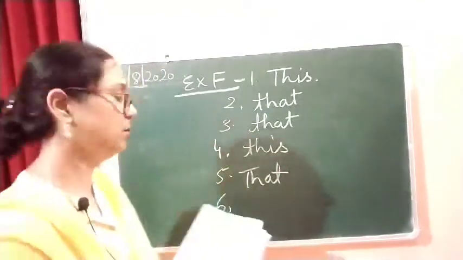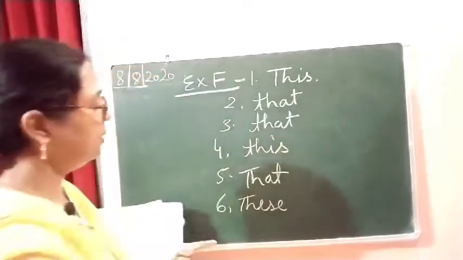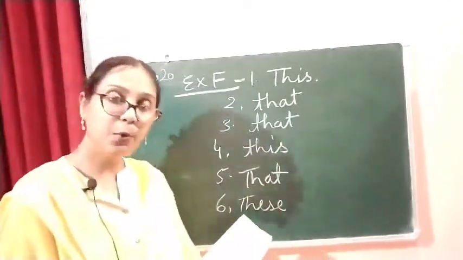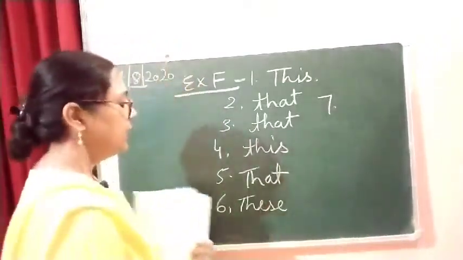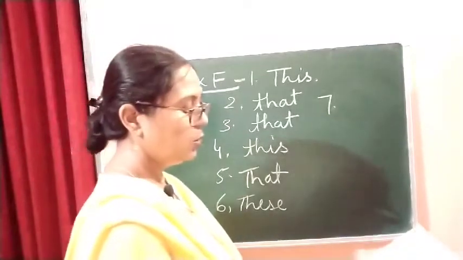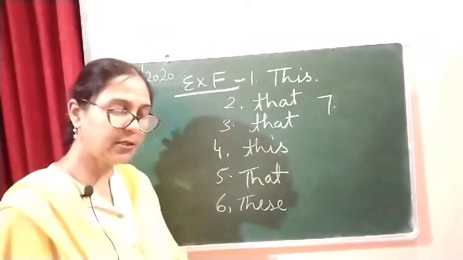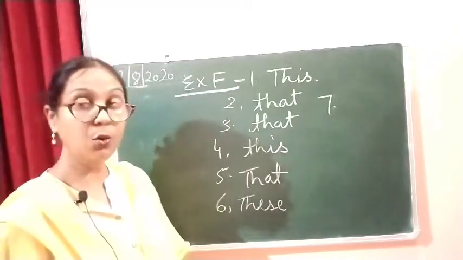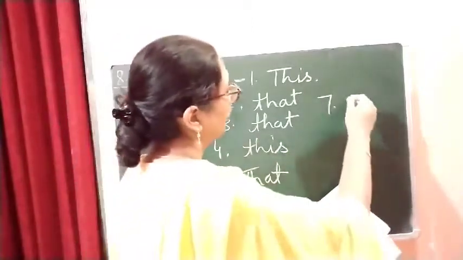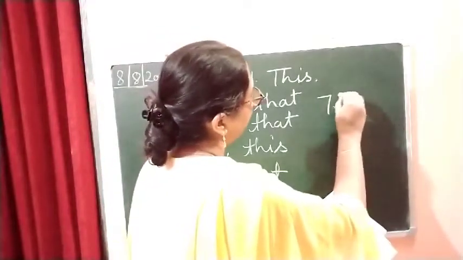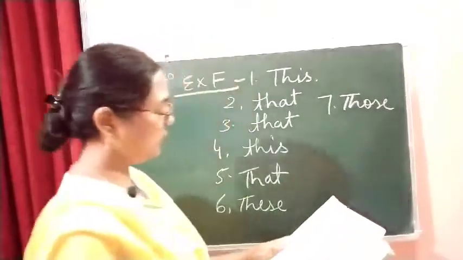These books, because here books are plural. Now we are moving to number 7. Number 7, those, that, this stars are actually millions of miles away. So those stars, because it is a far distance. That is why we are going to use those.